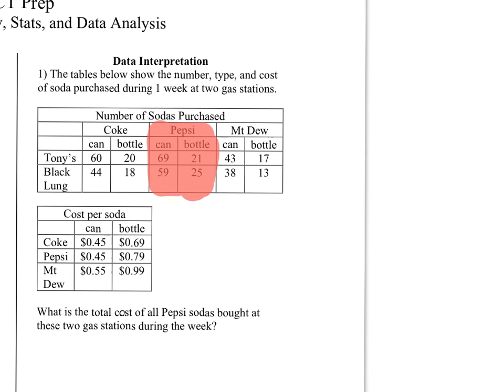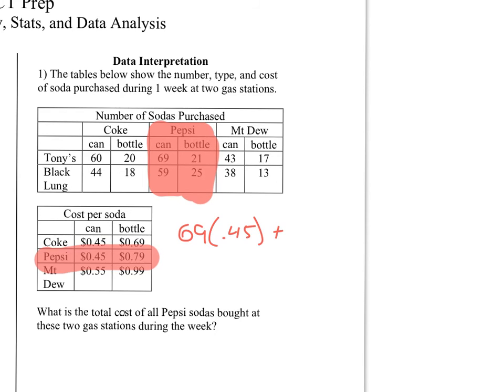So we're looking at this information, and we are looking also at this information. So there were 69 cans of Pepsi purchased. There were 69 cans, and those cans cost 45 cents.